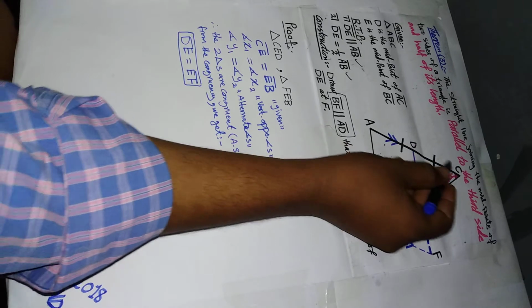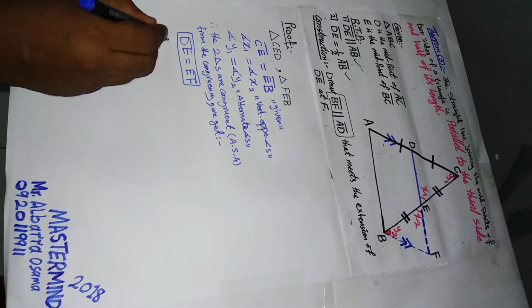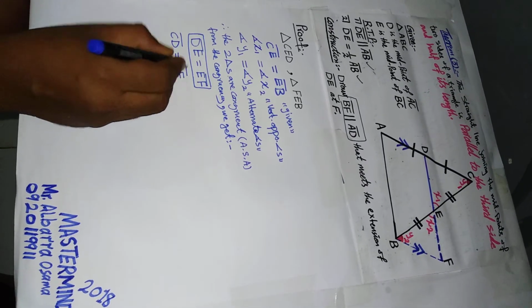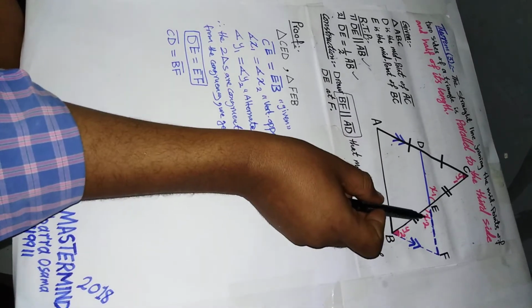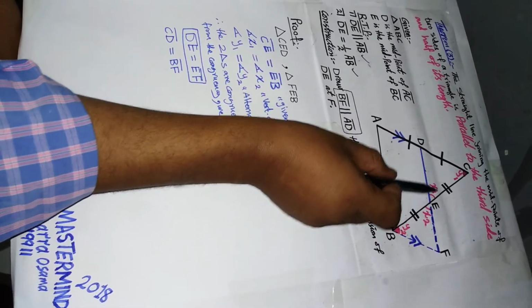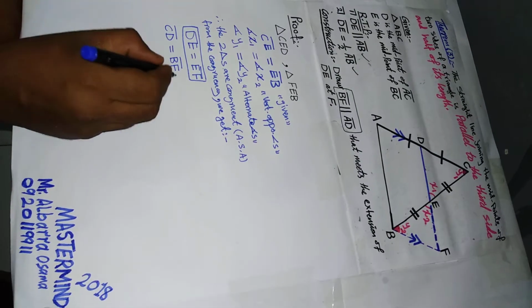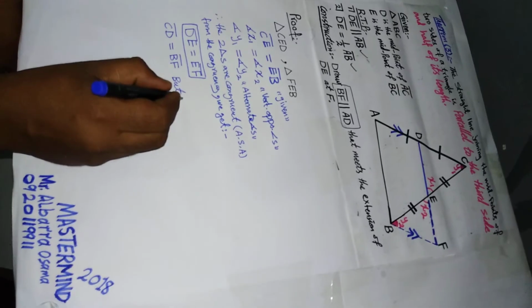Number 2, CD equals BF. You can see CD is opposite to x1, BF is opposite to x2, while x1 and x2, these two angles are equal, the sides opposite to them also are equal. But CD equals AD.